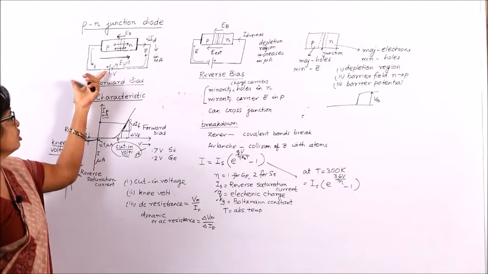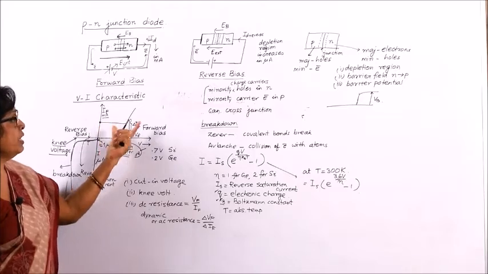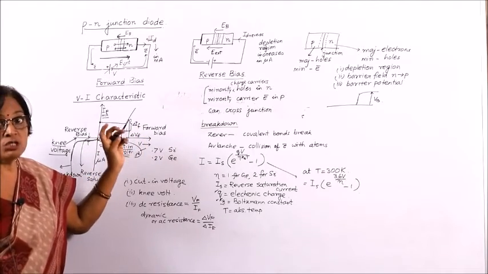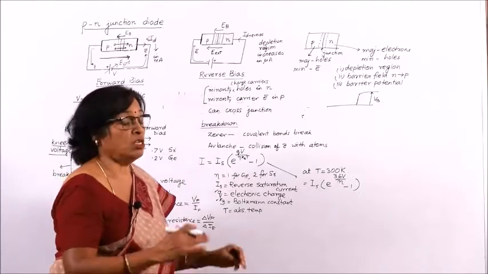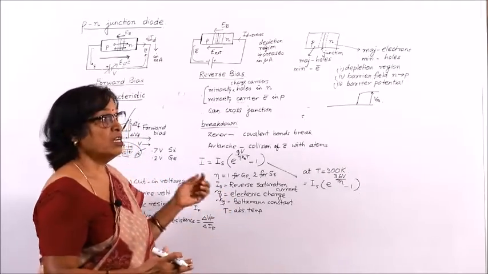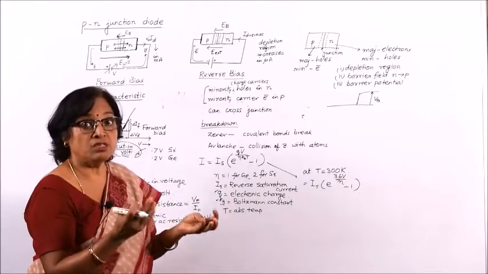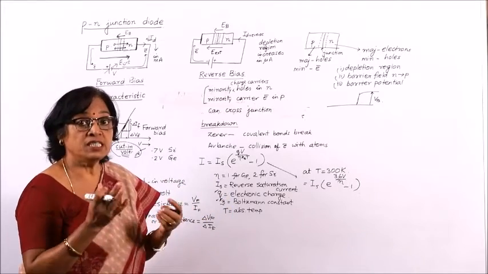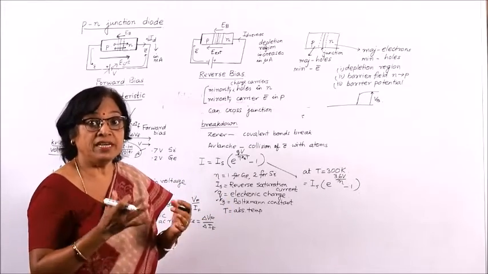The AC resistance of the PN junction diode is very small in the forward bias. It allows a lot of current to flow in forward bias, but in reverse bias it does not allow current, the current is very small, that means the resistance in the reverse bias is very large.